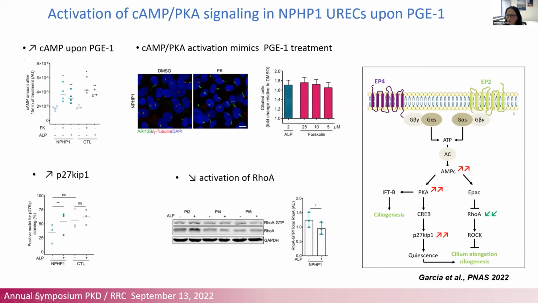To go a little bit further, what is going on downstream of the activation of EP2 and EP4? We have an increase of cyclic AMP and PKA. What is known is that p27 KIP1 is a key actor of quiescence, and by increasing its activity it will block the cell cycle and induce cilia elongation and ciliogenesis.